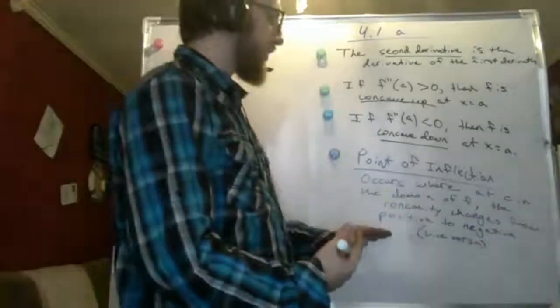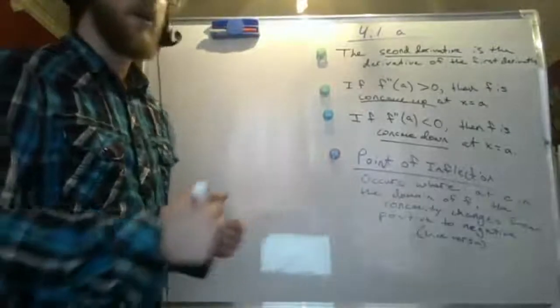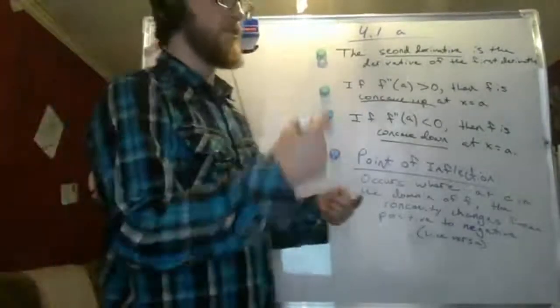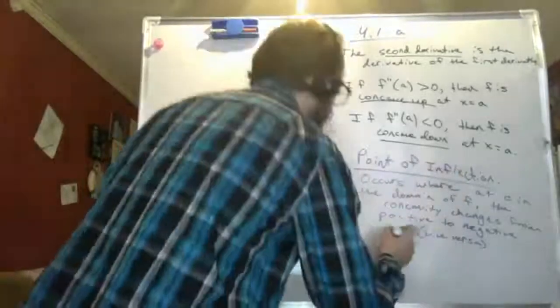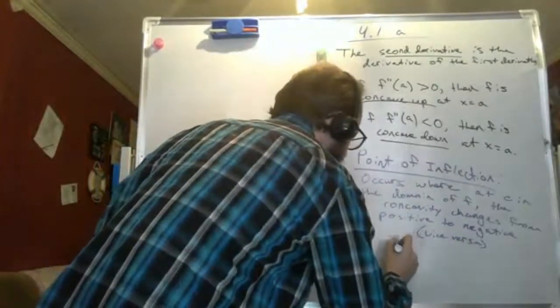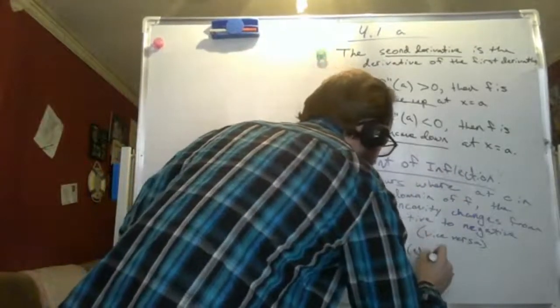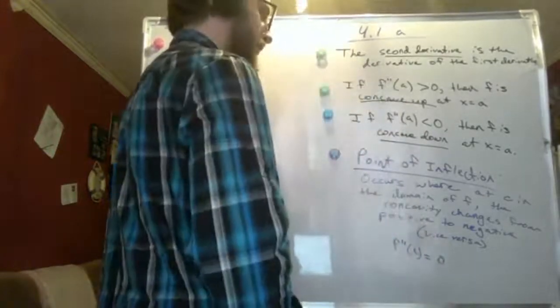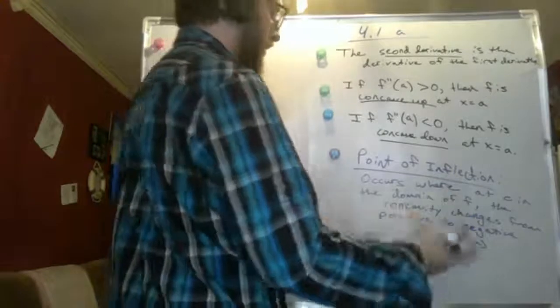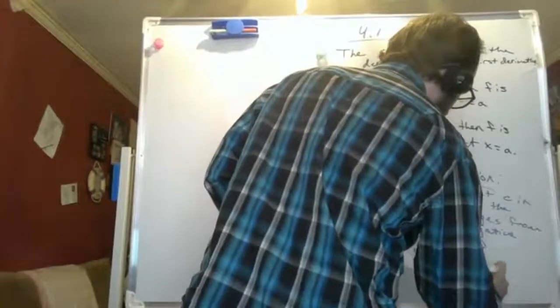Well, that also tells you that in order for the concavity to change signs, in order for it to switch from negative to positive or from positive to negative, the value at C had to equal 0, or it had to be undefined.